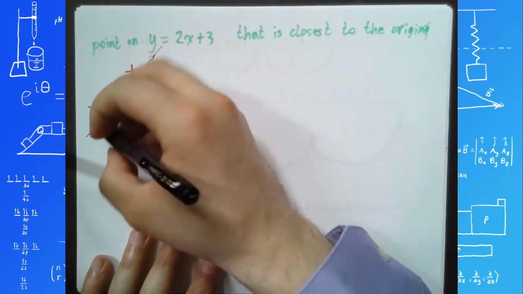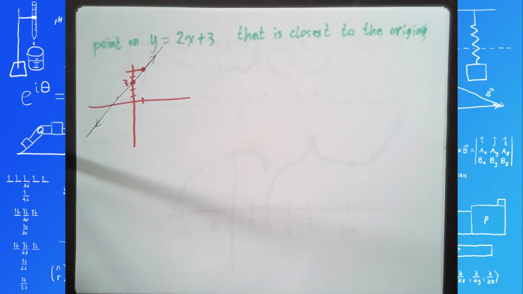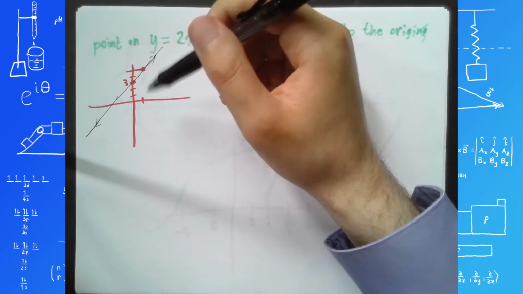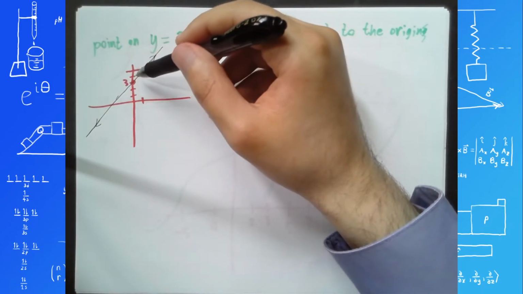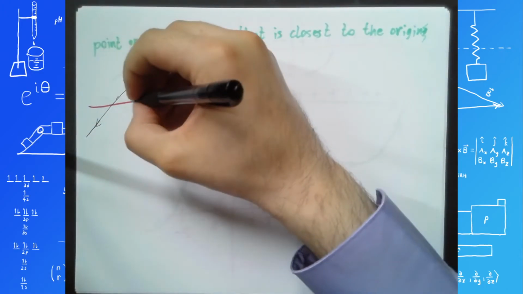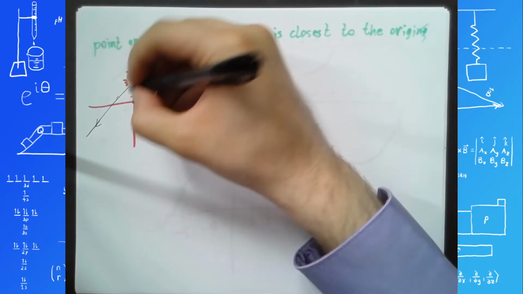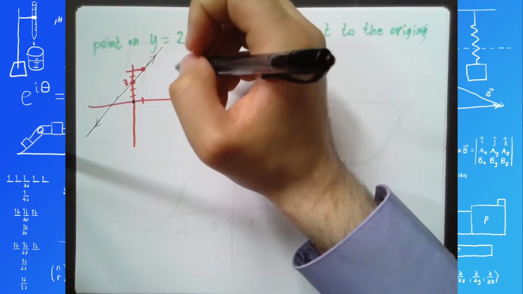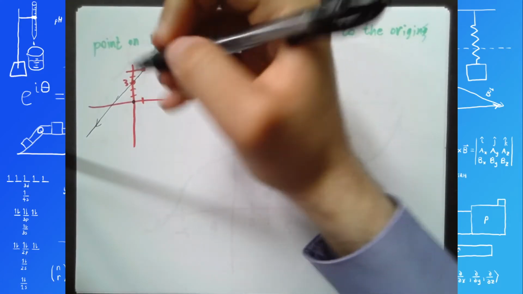Okay, that ought to do it. Anyway, the point that's closest to the origin on this curve, or, well, it's not really a curve, it's a line in this case.